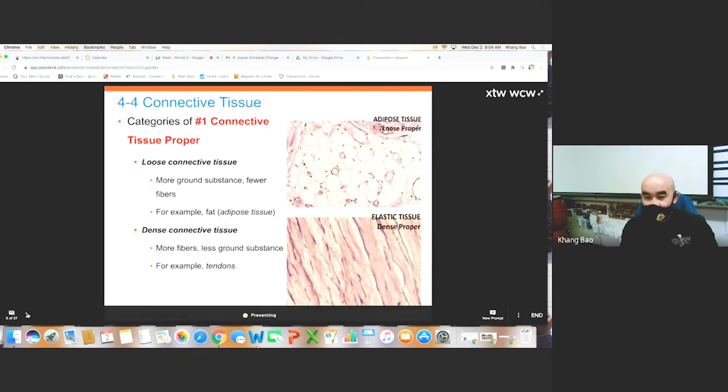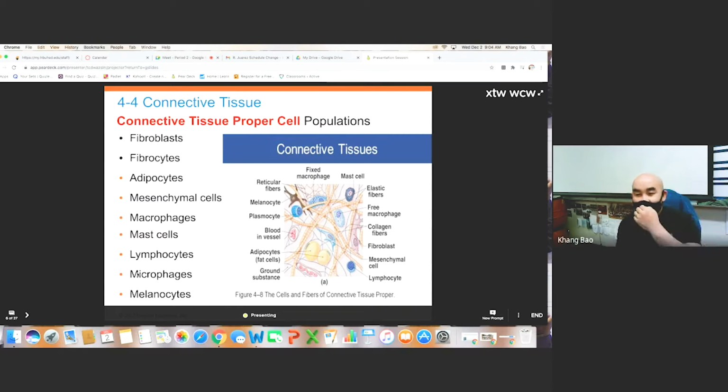All right. Before we talk about connective tissue, let's talk about the cells that make up the connective tissue. Remember, tissue is a combination of cells, right? So these are the cells that make up the connective tissue: fibroblast, fibrocyte, adipocyte, mesenchymal cell. You still remember this from your stem cell article?